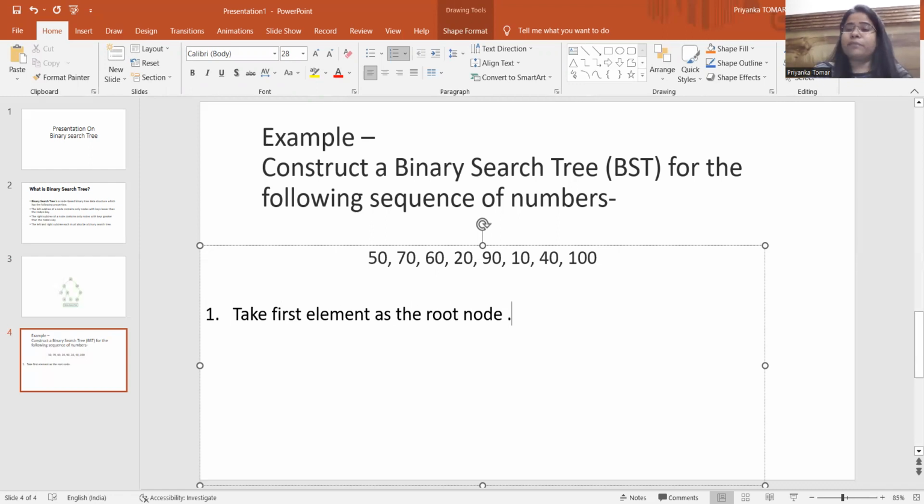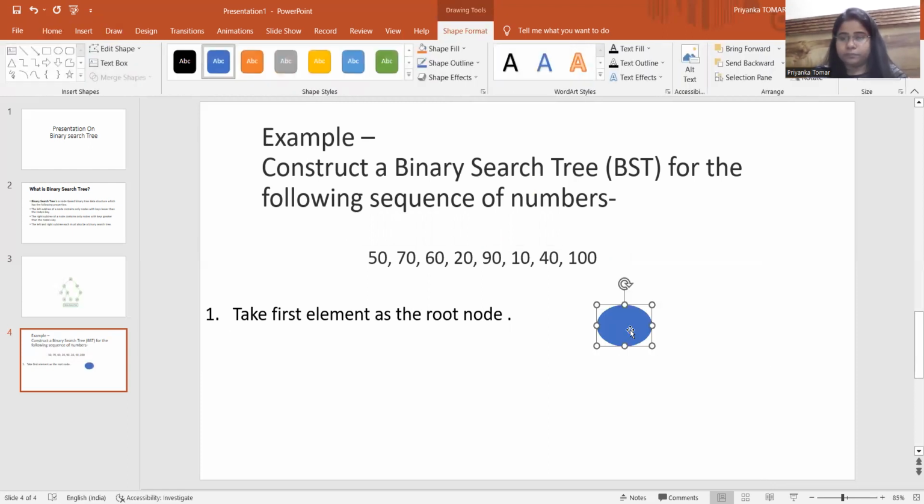Okay, this is the first and the most important point which we have to remember while constructing a binary search tree. Like, these are the elements, and in this, the first element we have to take as the root node. Okay, and then second, after taking the first element as the root node, so here I am taking 50 as a root node. Okay, here 50 as a root node.